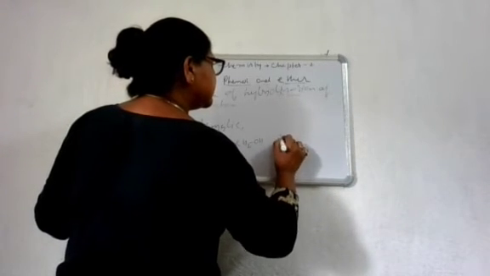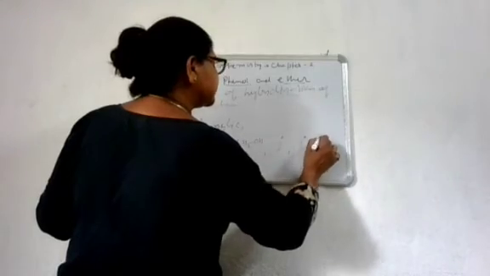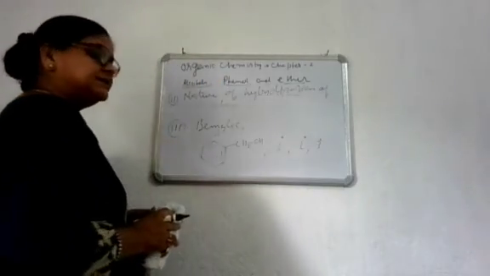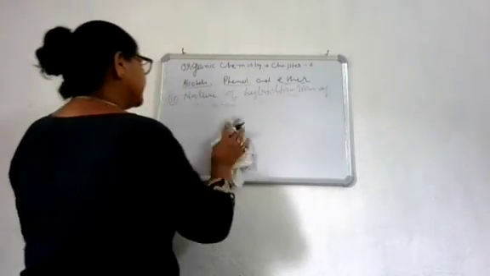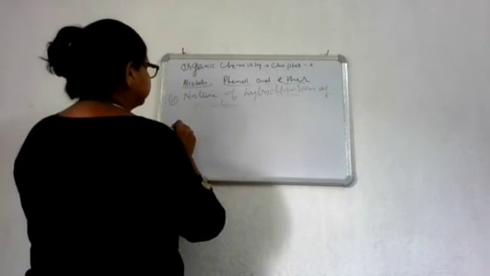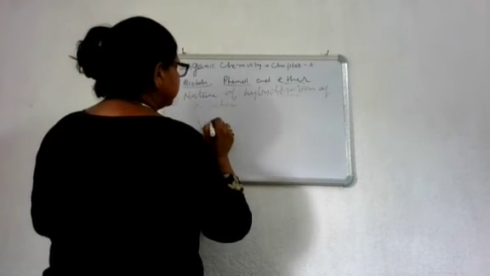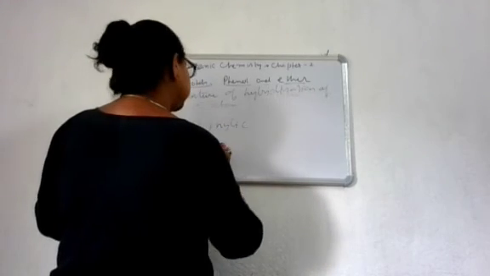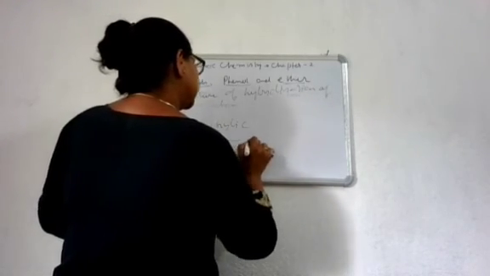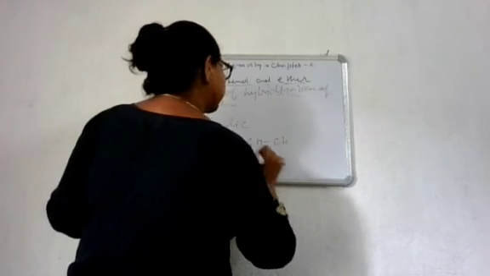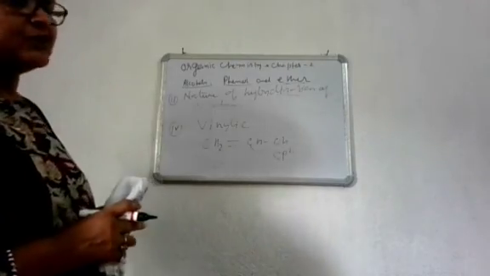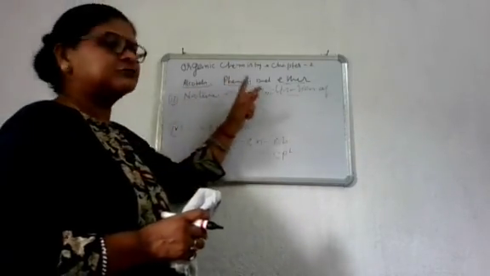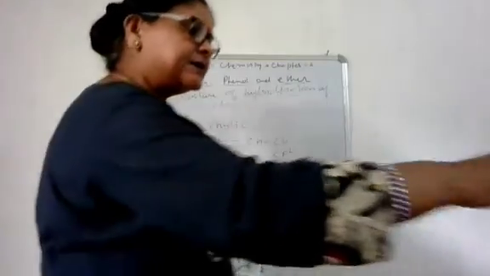It is 1 degree, 2 degree and 3 degree. The next one is vinyl, in which the OH group is attached with an sp2 hybridized carbon atom. So that is all about alcohols, phenols and ethers.